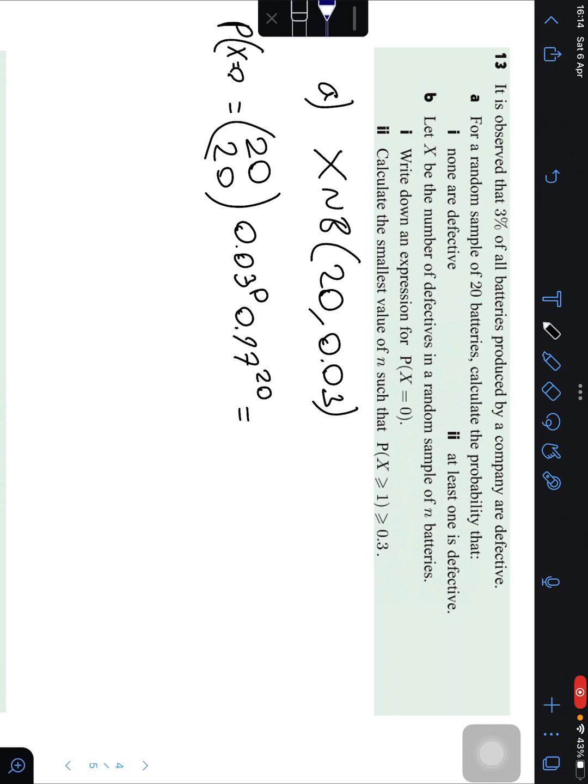So this is P of x equals 0 defective batteries. In this case here, it probably is easier to write it down as 0.97, but all we'd have to change here is that it'd be 20 choose 0 as the first term.